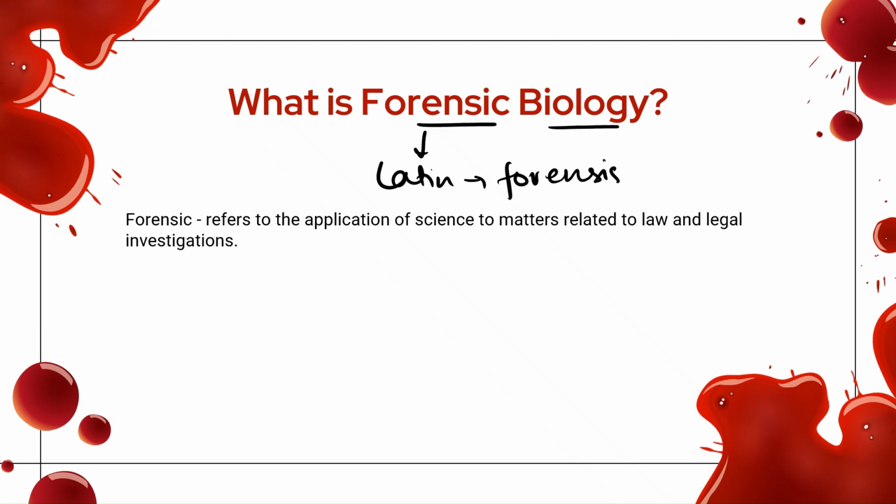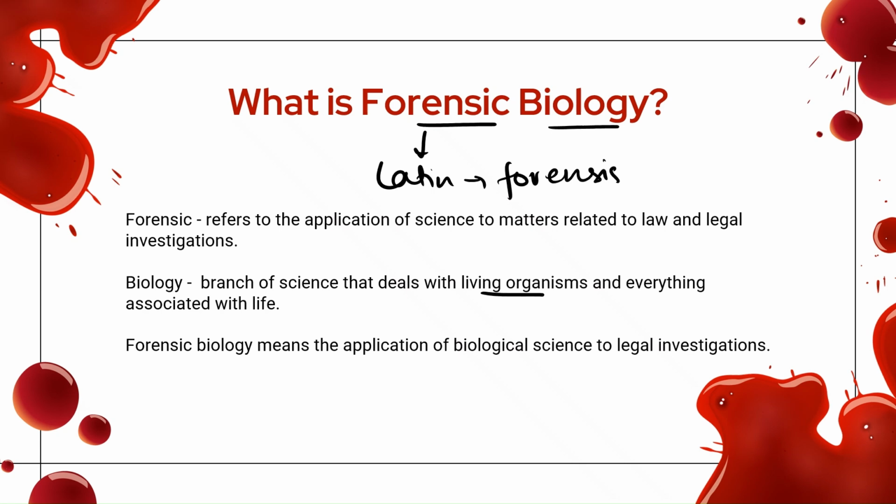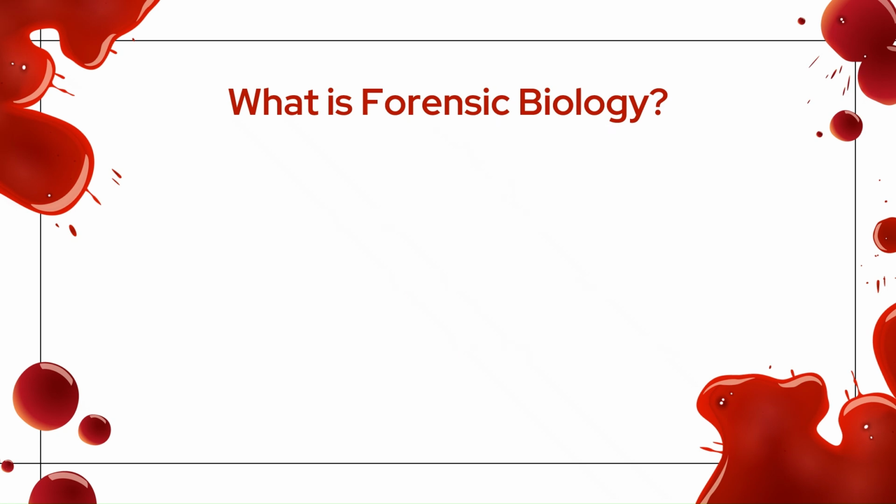Today, the word forensic simply refers to the application of science to matters related to law and legal investigation. The second word, biology, is the branch of science that deals with living organisms and everything that's associated with life. So when we combine these two words, forensic biology simply means the application of biological sciences to legal investigation.